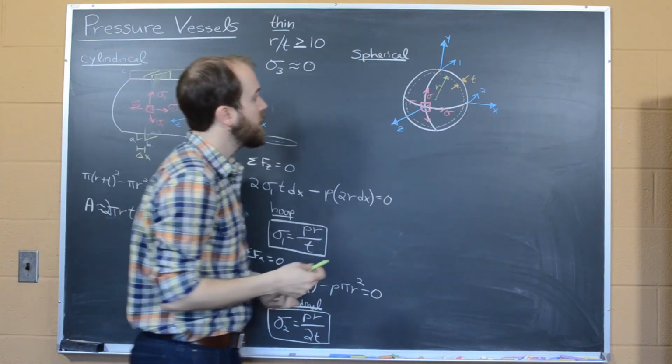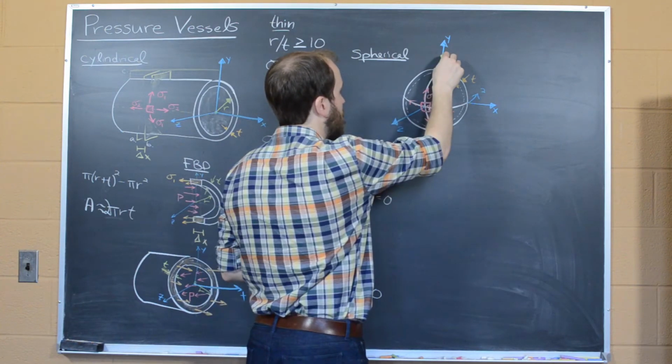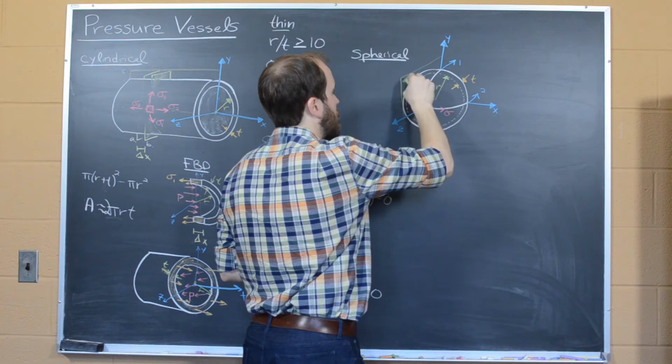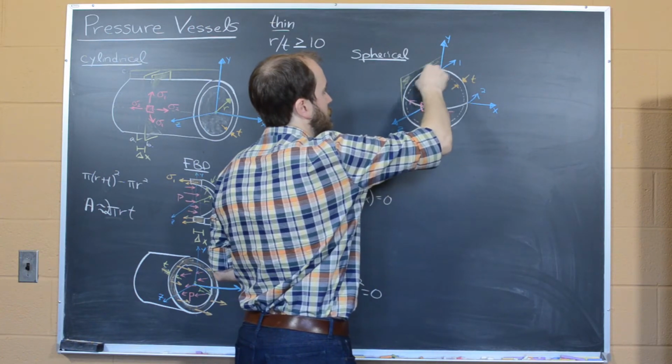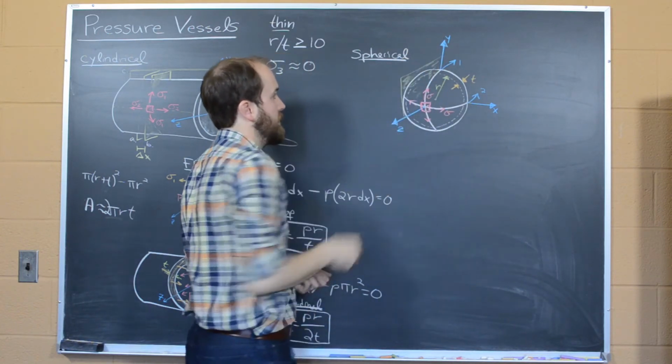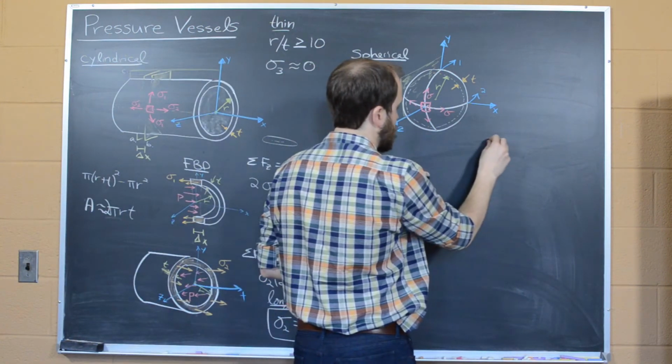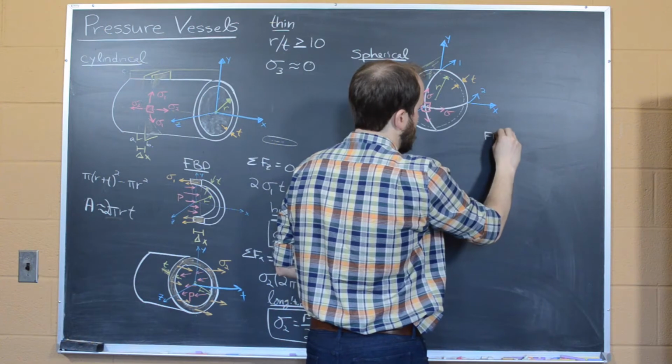So we just need to make one cut this time, and this time we'll cut along the y-z plane there. And we'll redraw this and draw our free body diagram.